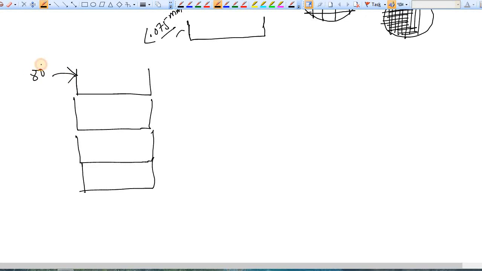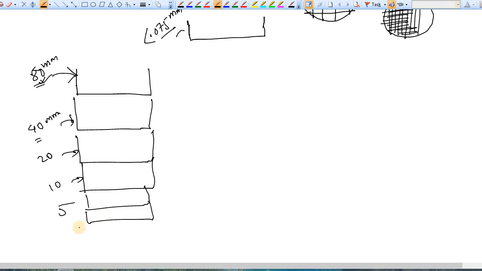Let's say this is 80 mm, this is 40 mm. I'm taking these numbers arbitrarily for your better understanding. They are not from any standard. These sizes are given in your standard. If you use your Indian Standard, these sizes are defined and you have to use that particular sieve size. Let's say this is 20, this is 10, and this is 5.